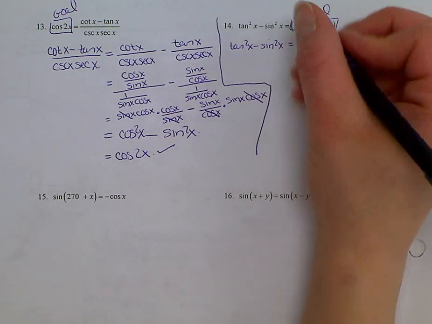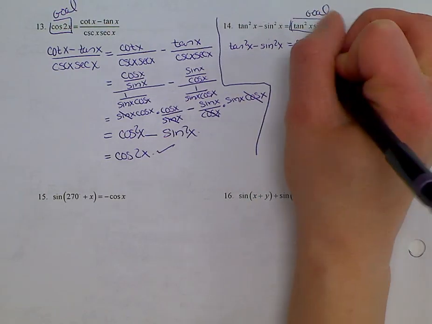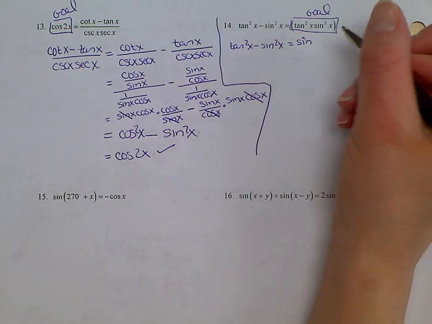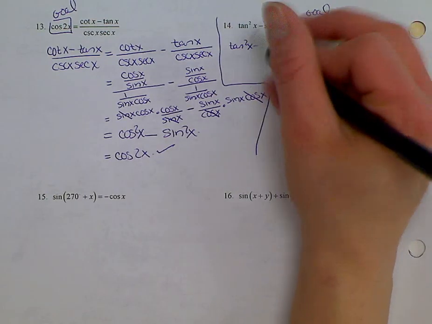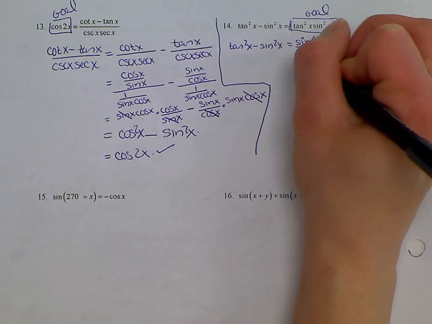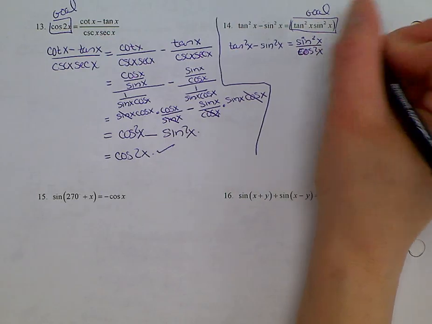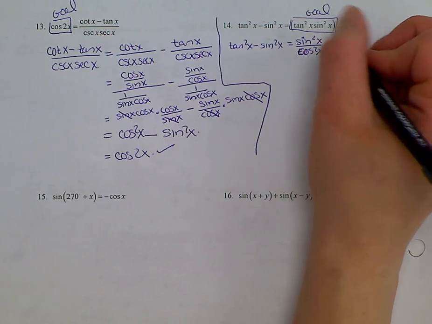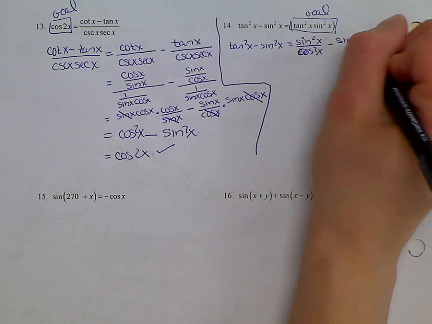What I'm going to do is convert everything into terms of sine and cosine. That's one way. We could try to tie in Pythagorean identities somehow, but I'm going to change the tangent squared into sine squared over the cosine squared. The sine squared will stay the same.